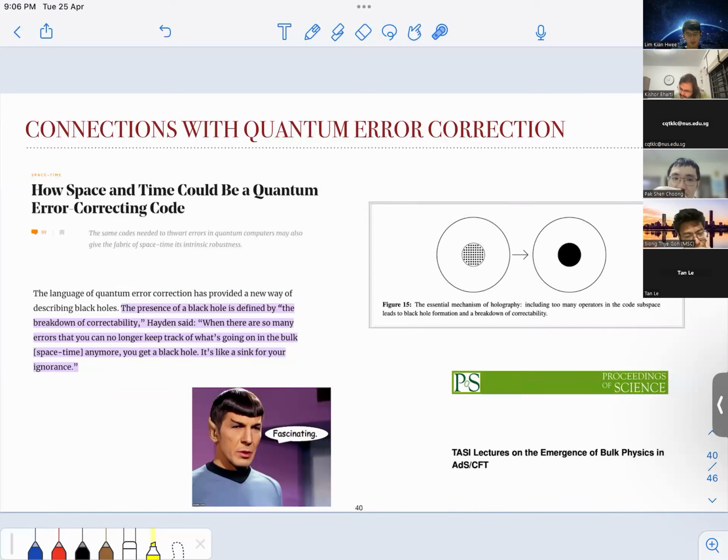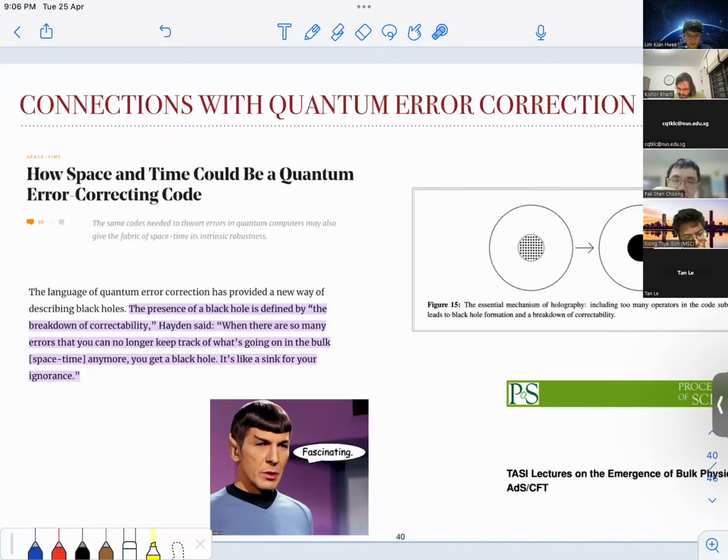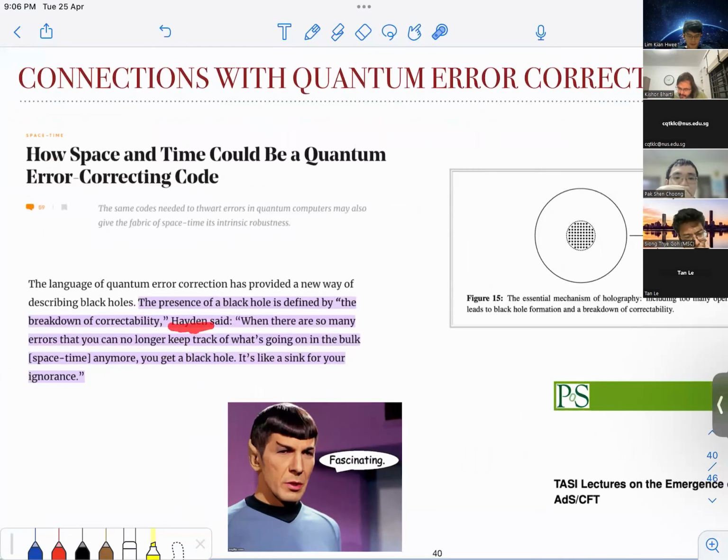You can think of a black hole as nothing but there being so many errors. If you have so much error that you cannot correct it, and you interpret the corresponding scenario in the bulk, what you get is a black hole. Patrick Hayden says it's a breakdown of correctability, when there are so many errors that you can no longer keep track of what's going on in the bulk, and you get a black hole.